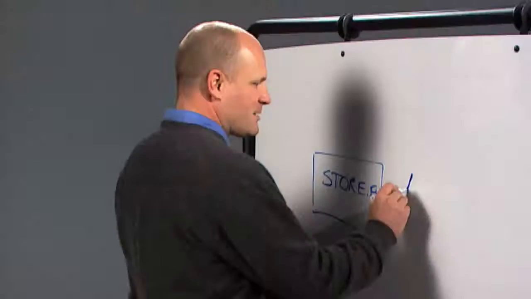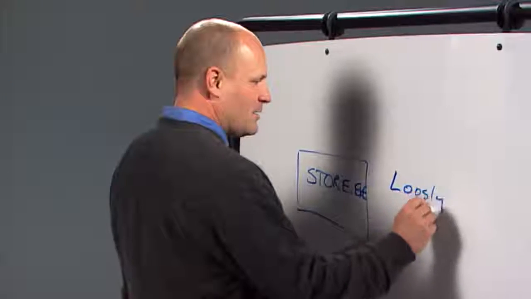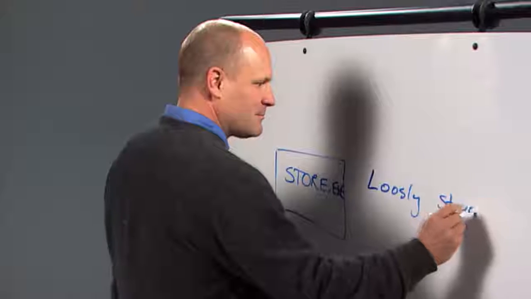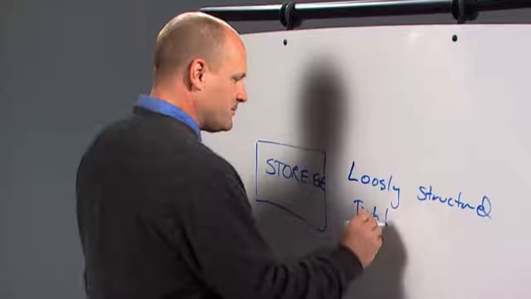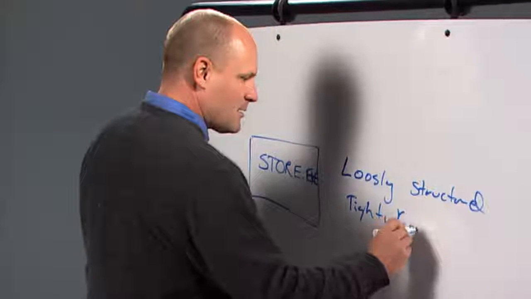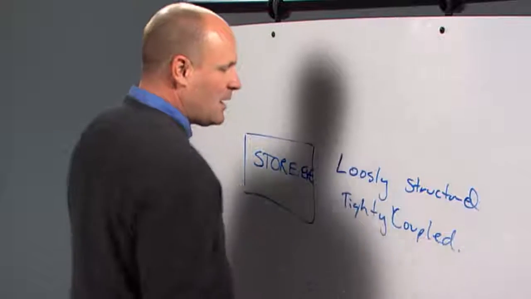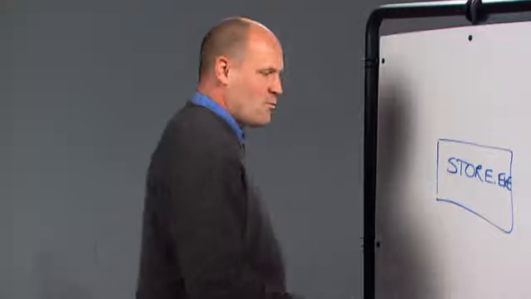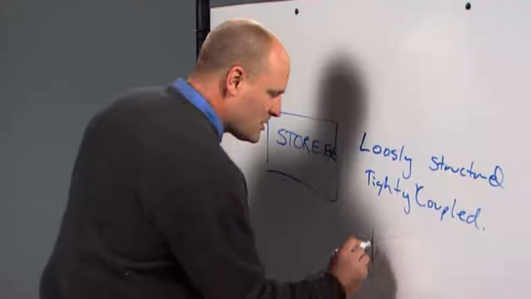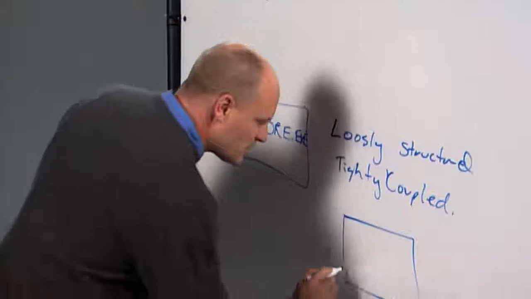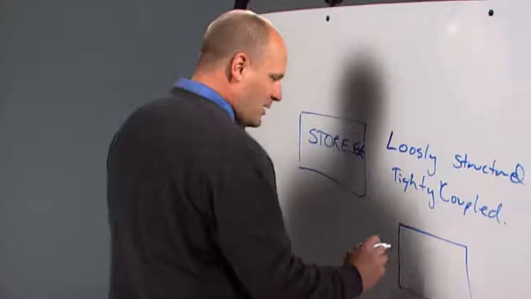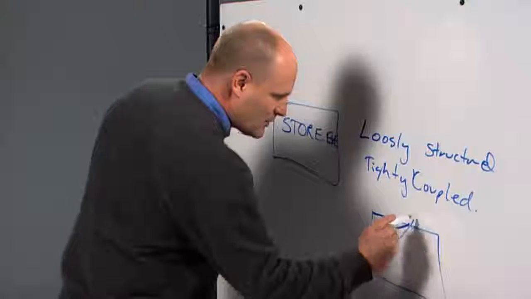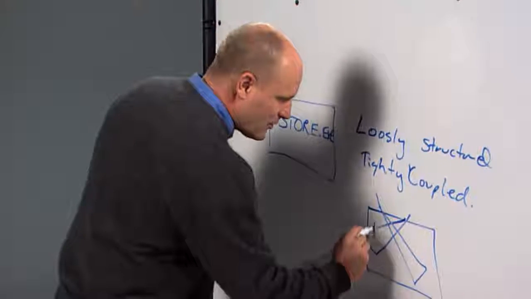To get what we needed from a performance perspective, we ended up with the process being something that we called loosely structured and tightly coupled. When we were doing a review at the beginning of planning for Exchange 2007 with Bill G, we had a little diagram that looked a little bit like this.